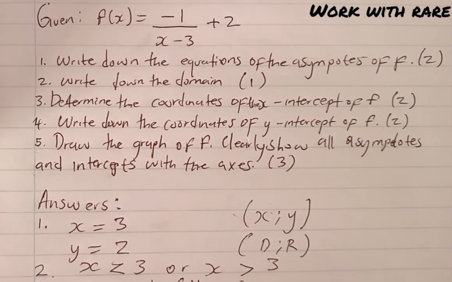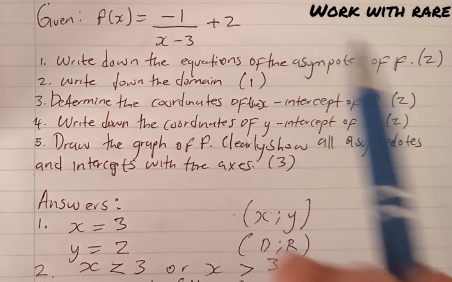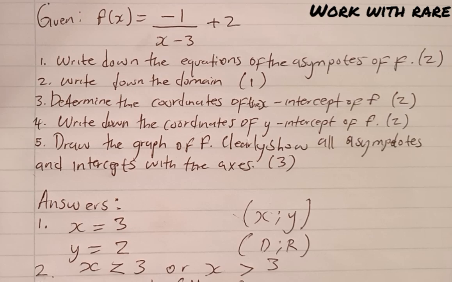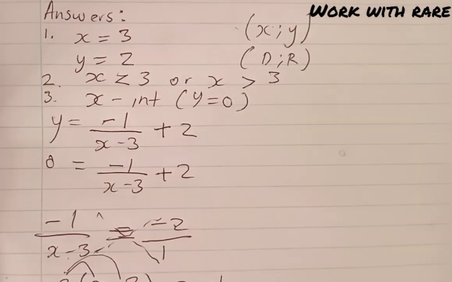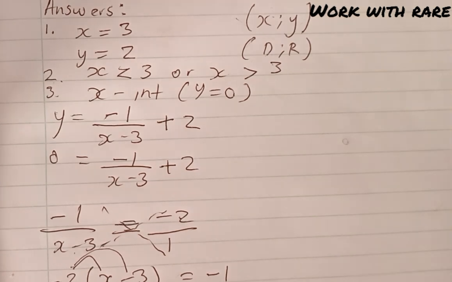So number 3, it says determine the coordinates of the x-intercept of f. So remember, when they're talking about f, we are still on the same function. So I did it here, and remember, for the x-intercept, we have to substitute. It's where y is equals to 0.